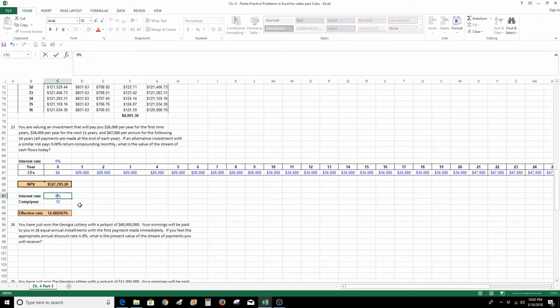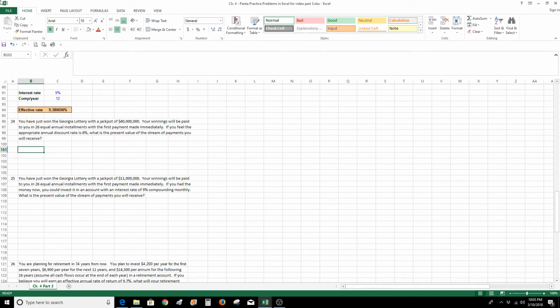So it's 9% compounding monthly is 9.38. So just link that down here. So then that gives us a net present value of the stream of cash flows of $314,518.20.